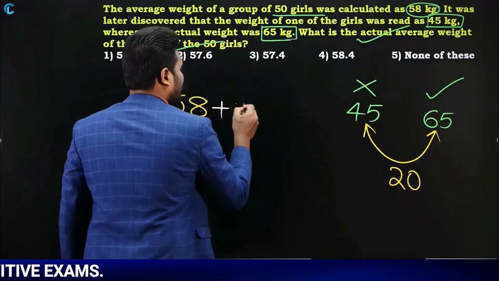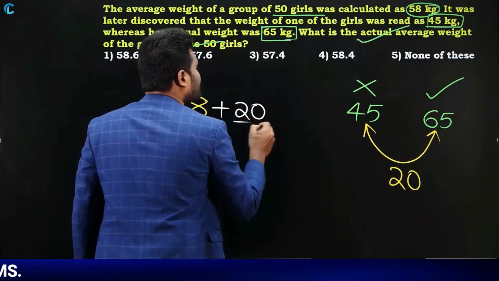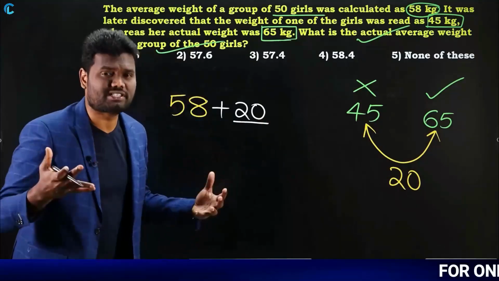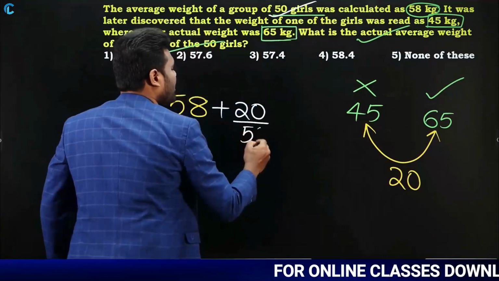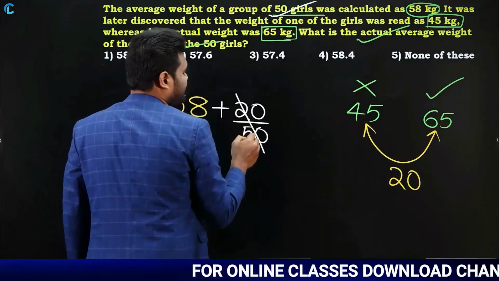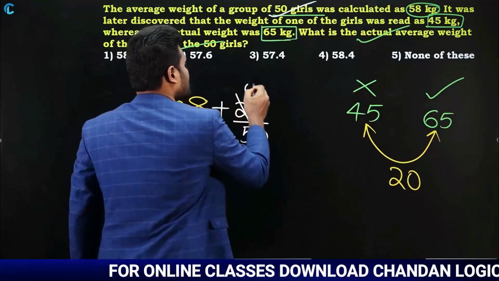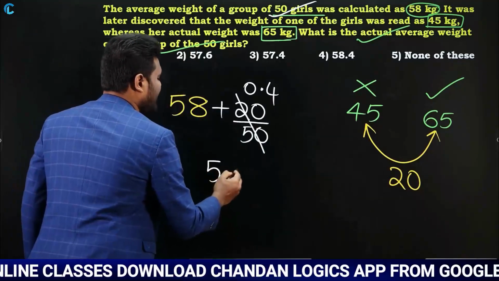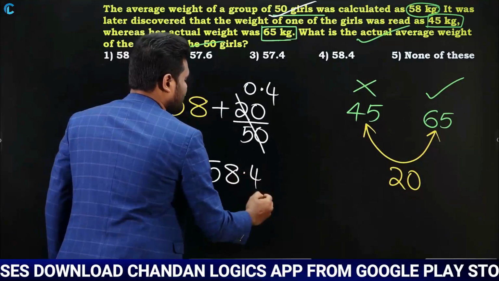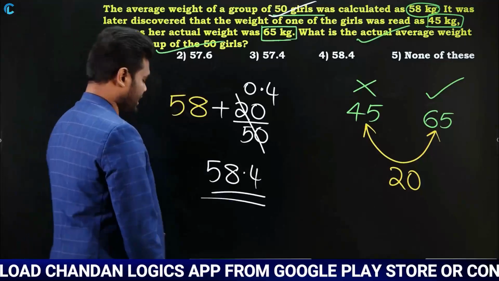So plus 20. Now don't forget, you need to distribute that. Distribute to how many persons? Total you have 50 girls. So you need to distribute to all 50 girls. So 20 by 50 is the same as 2 by 5. So 2 by 5 is nothing but 0.4. So the actual or correct average weight is nothing but 58.4 kg.